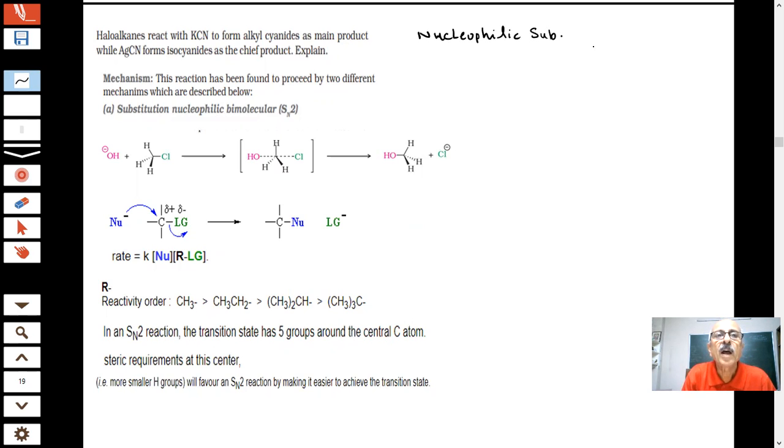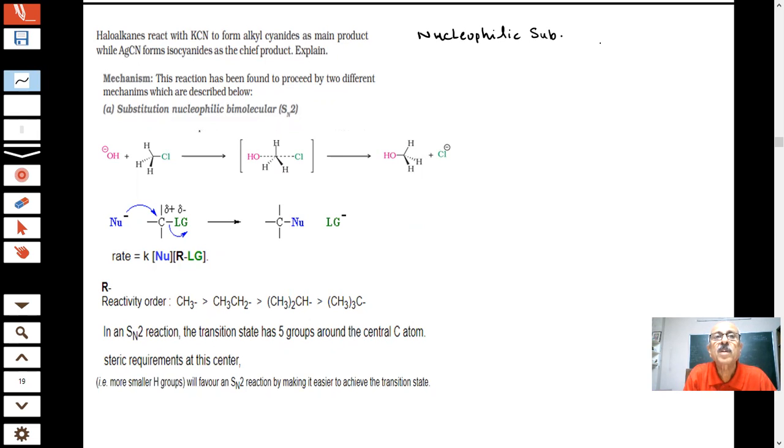Now, in that we have told you such a large number of compounds we could prepare. We have given you a complete table where you can prepare alcohols, ethers, amines. Then you could prepare nitriles, isonitriles, nitrites, nitro compounds.